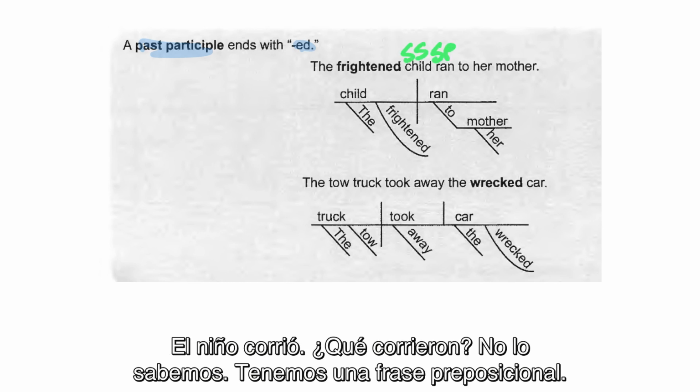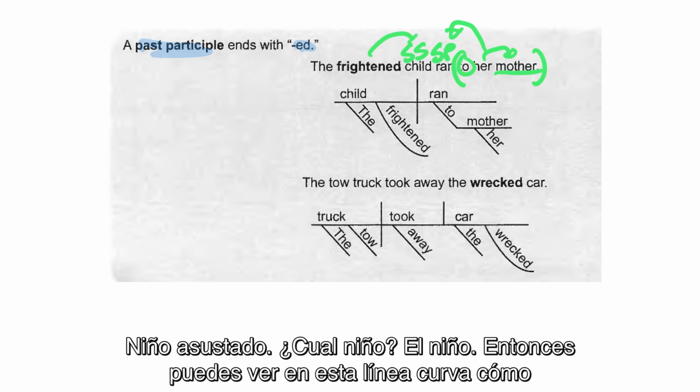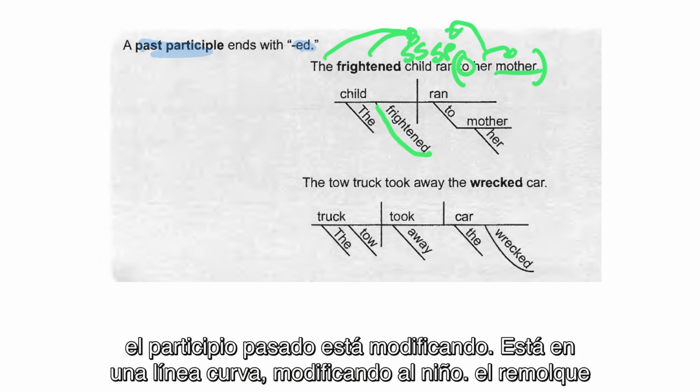What did they run? We don't know. We do have a prepositional phrase here, to her mother, that describes where the child ran. What kind of child? Frightened child. Which child? The child. So you can see on this curved line how the past participle is modifying. It's on a curved line, modifying child.